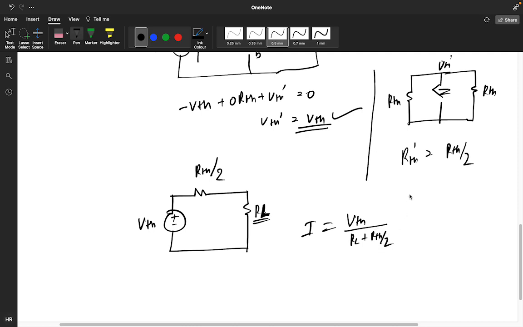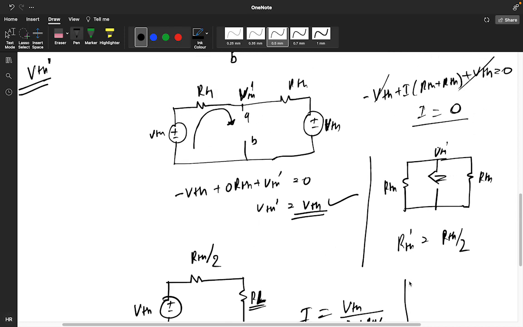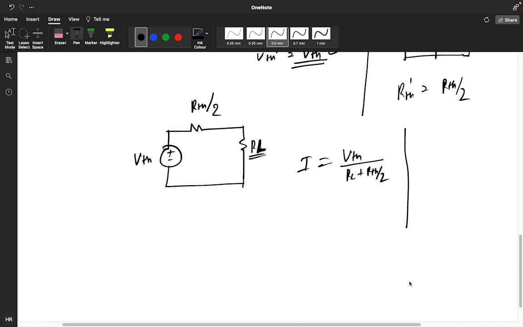If you do like this, what current will you get? I equals 2 VTH divided by 2 RL plus RTH. So what power will you get?